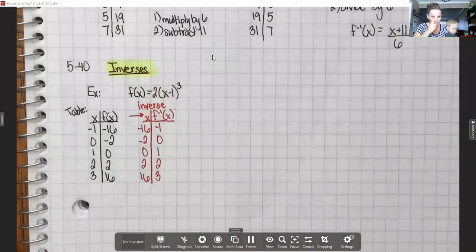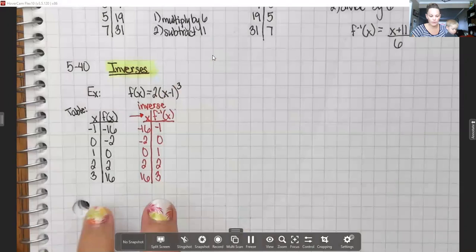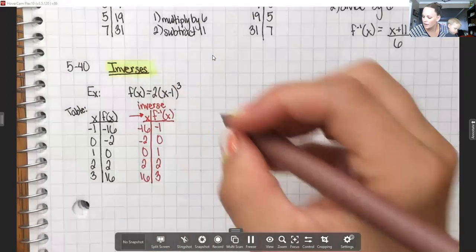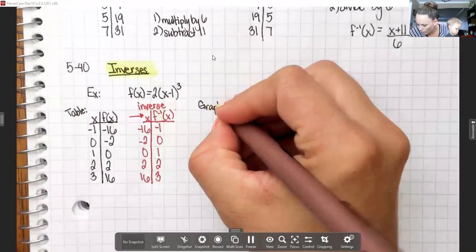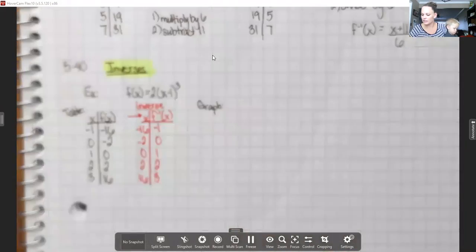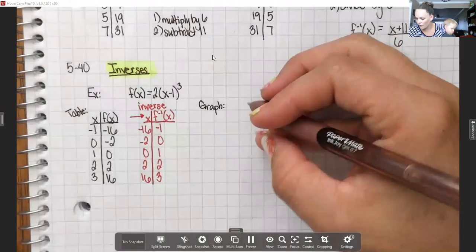That's for the inverse. So you can see we just switch the x and the y. Then we're going to go ahead and graph this, the ones that fit at least.